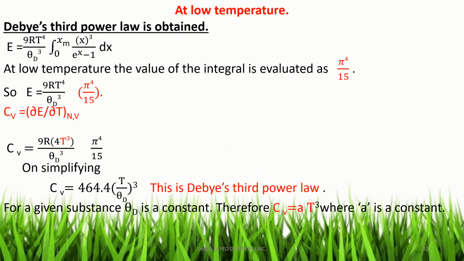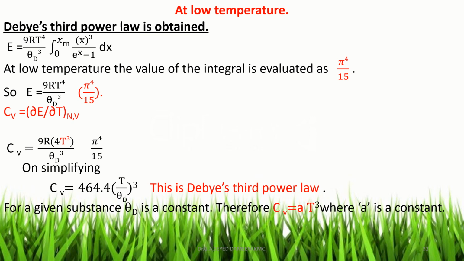So on simplifying the equation by substituting the value of R and multiplying with the 9 and 4 and the value of π power 4 divided by the number 15, we get another value. The value is 464.4, and therefore Cv is equal to 464.4 (T divided by θD) cube. Now this is Debye's T cube law.